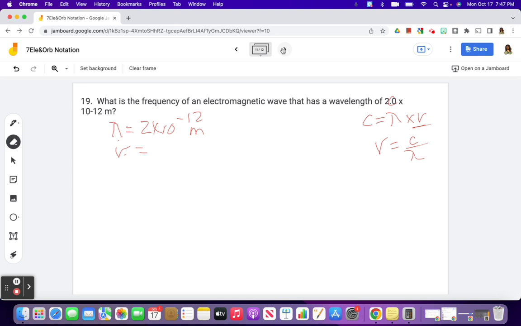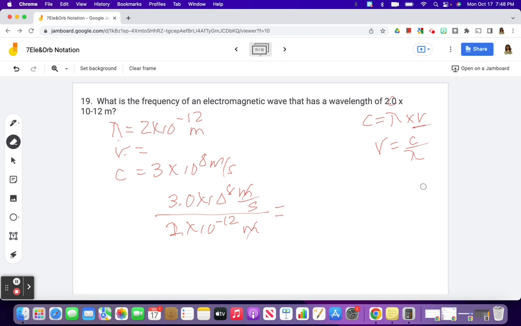So now we must take the speed of light, which is a constant, 3 times 10 to the 8th meters per second, and we're going to divide it by our wavelength number, which is 2 times 10 to the negative 12 meters. Meters are going to cancel out, and we're going to be left with some number of waves per second.